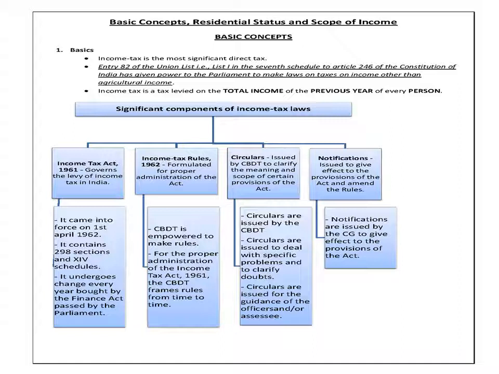Article 246 of the Constitution of India and entry number 82 give powers to the parliament to make laws, to impose taxes on income other than agricultural income.